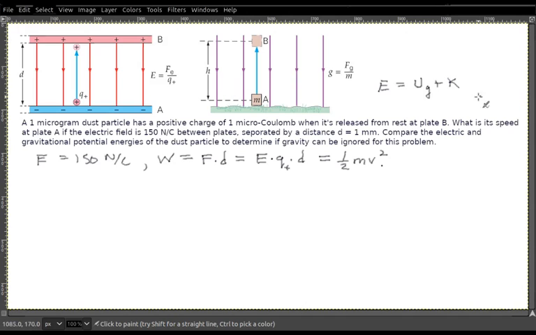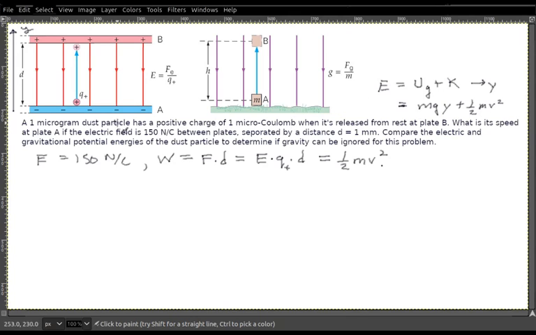So let's say I'm going to define y going up. That's y. So at any old height y right here, that'll be mgy plus 1/2 mv squared all the time. And this was just when only gravity was in the picture.